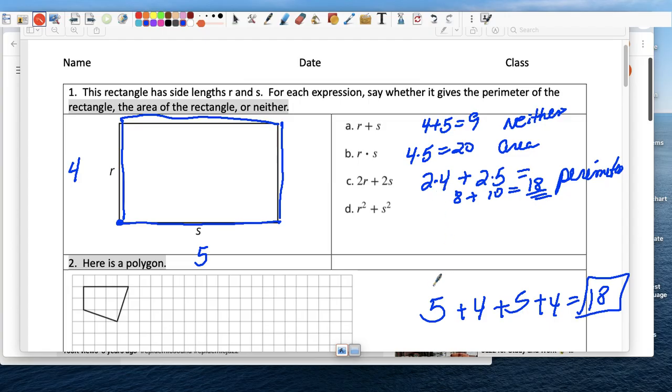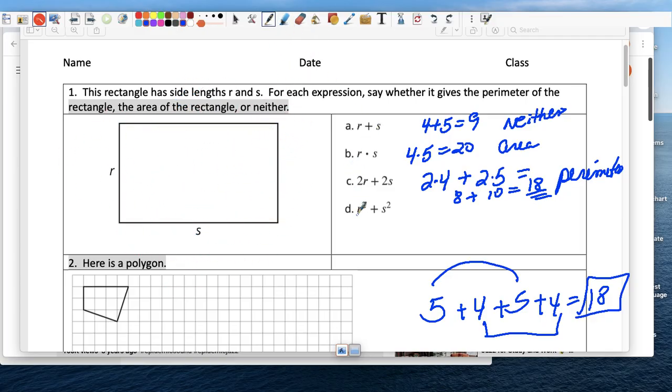So literally you multiply 2 times 4, 2 times 5, which is the same thing as 5 plus 5, and then 2 times 4, which is the same thing as 4 plus 4. Multiplication is repeated addition. So we got 18. So 2 times r plus 2 times s: if you do that, you're actually finding the perimeter of this particular shape.